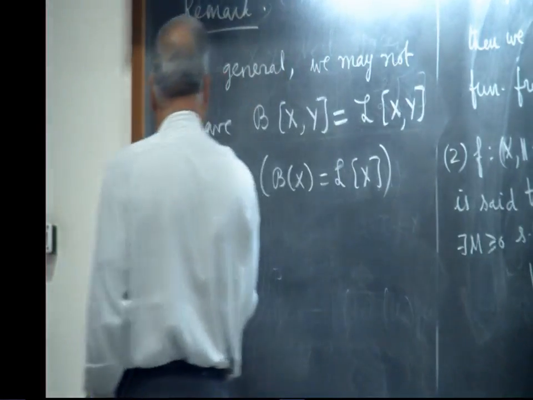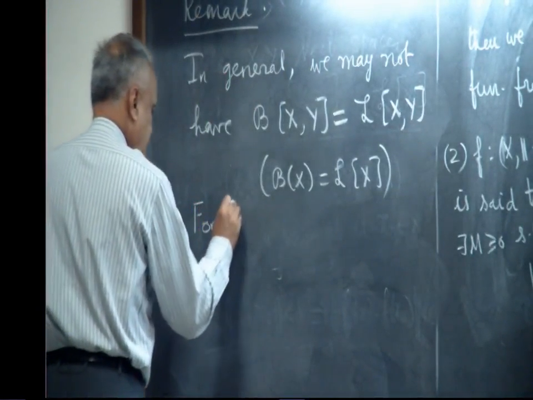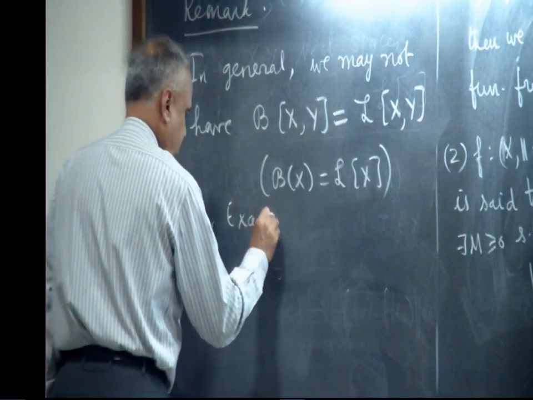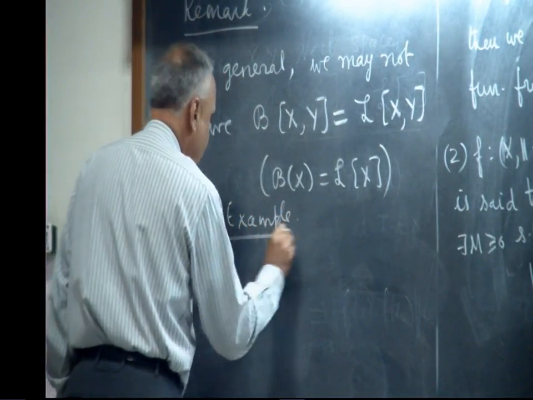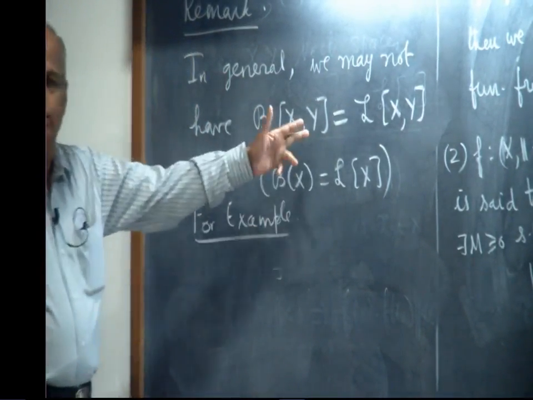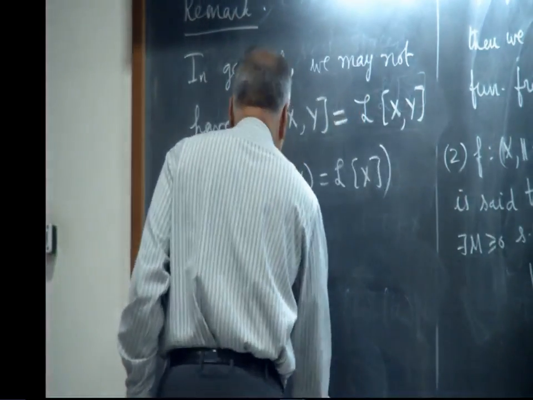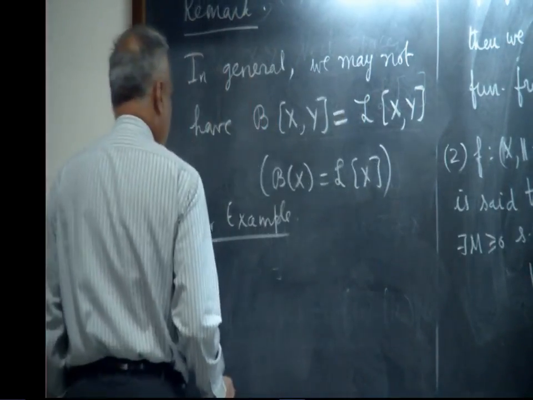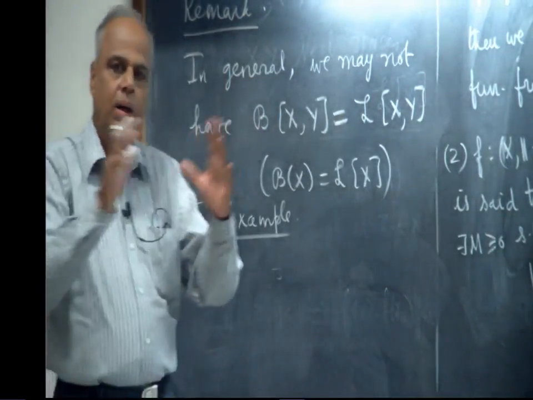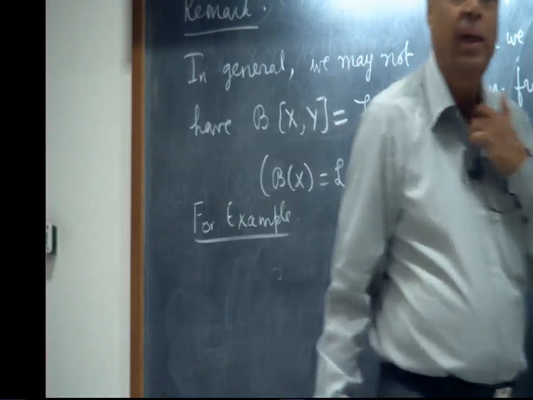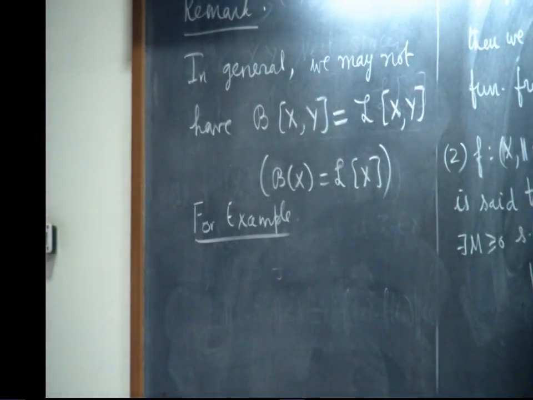For example, I am going to construct an X, and I am going to take the same X as Y also. The X is very simple, namely consider all continuous functions. We are not going to take all of them anyway.